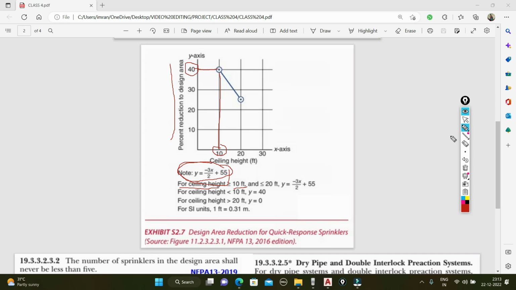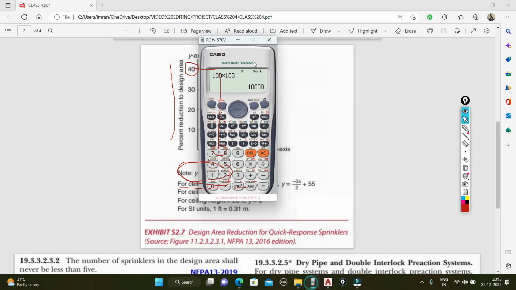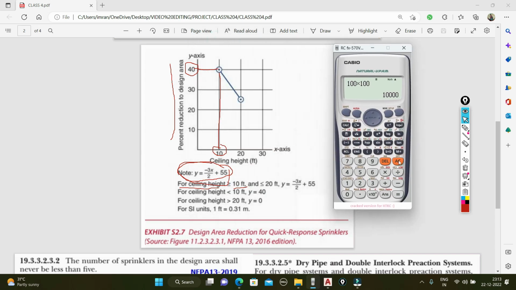Suppose the ceiling height is 10 feet or less, then the percentage reduction in the design area, or remote area, or area of operation will be 40%.